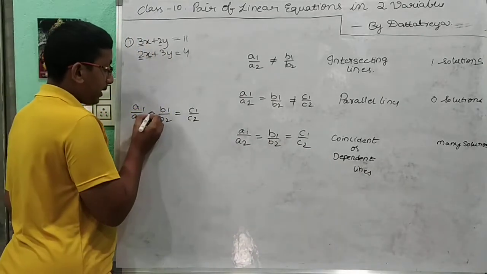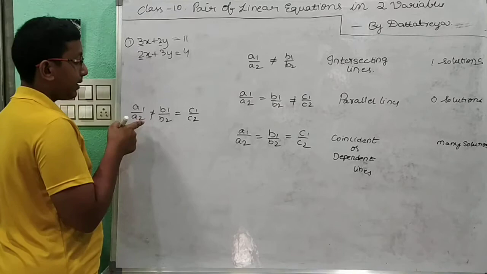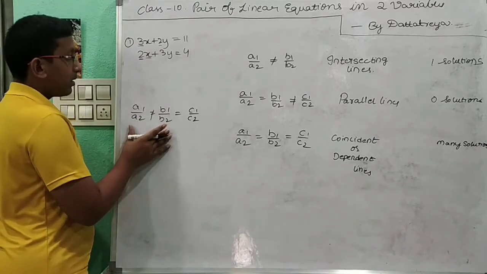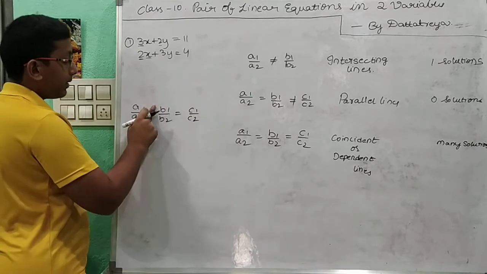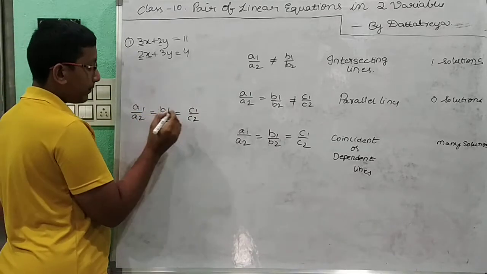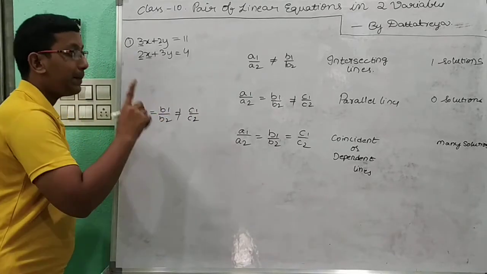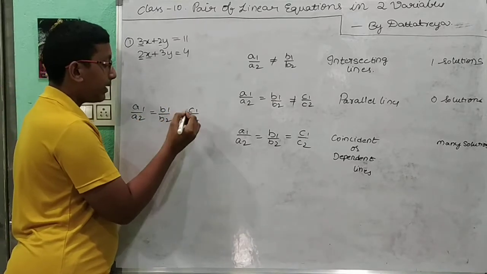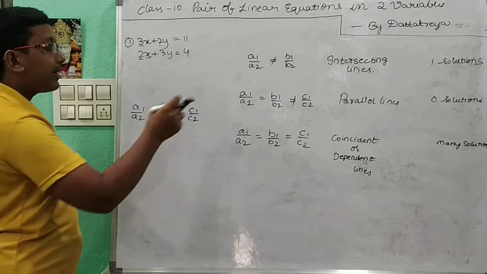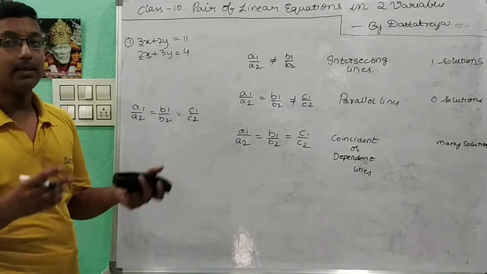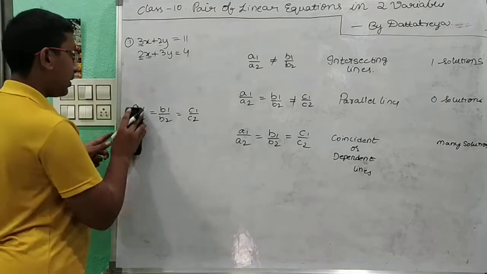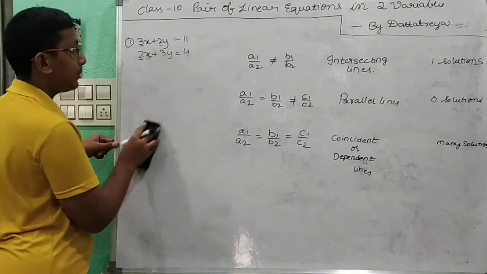If you cross the first ratio like this, it will become intersecting lines, and if you make it equal and cross the second one, you will get parallel lines. If all are equal, they are coincident lines and they have many solutions, nothing but infinite solutions. I hope you understood this table.